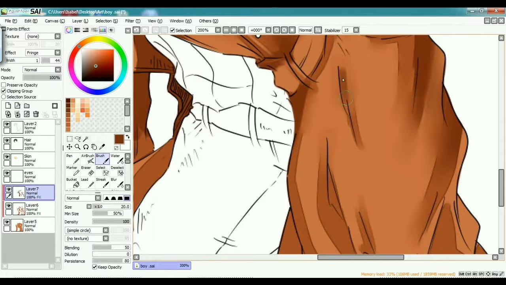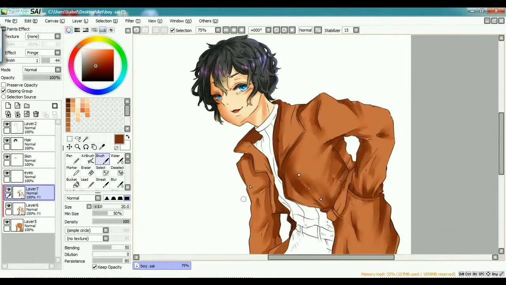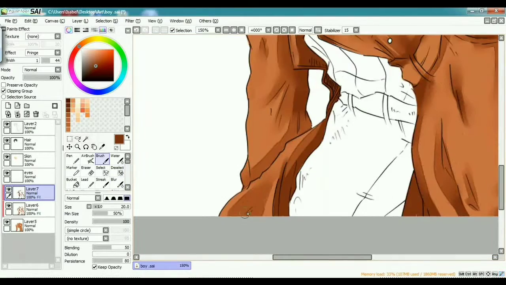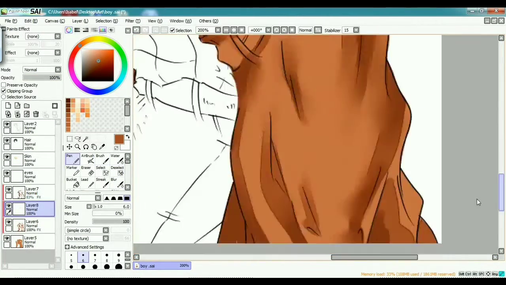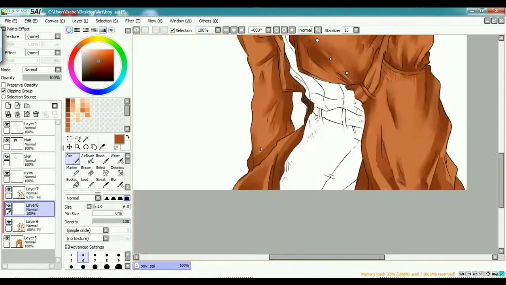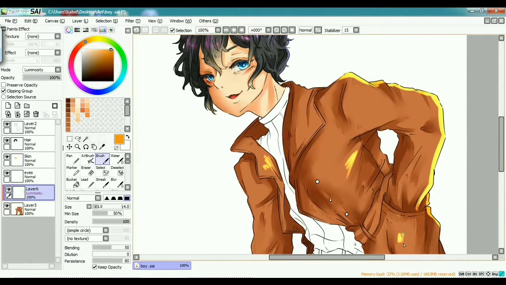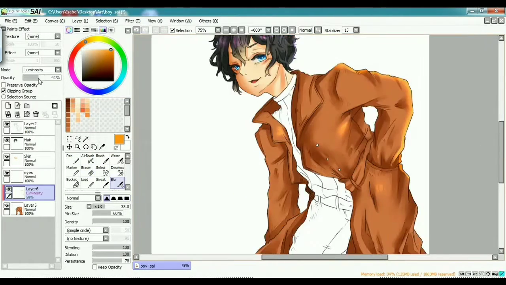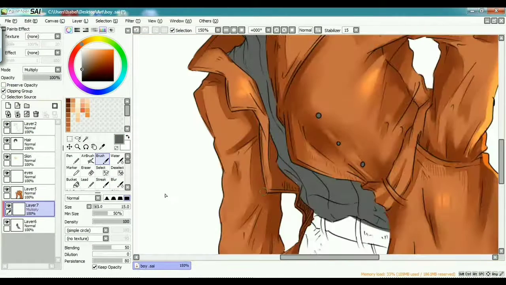I'm sure I'll learn to love it as much as I love traditional, but right now it's just way too tiring for me. I take so much longer in traditional than I do digital, but I think it's up to personal preference. I am starting to like it, and I have always liked it, just not as much as good old pen and paper.